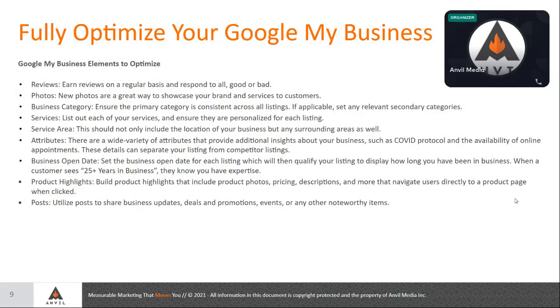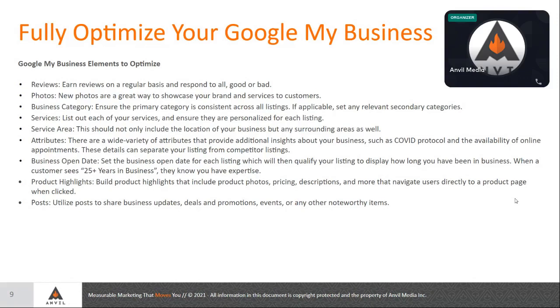Users want to be able to confirm that your business still provides a positive user experience, positive brand experience. Photos, making sure that you are regularly updating and submitting new photos of products, your team, your office, your building, inside building, outside building, all types of photos to really showcase who you are and what you offer to customers.